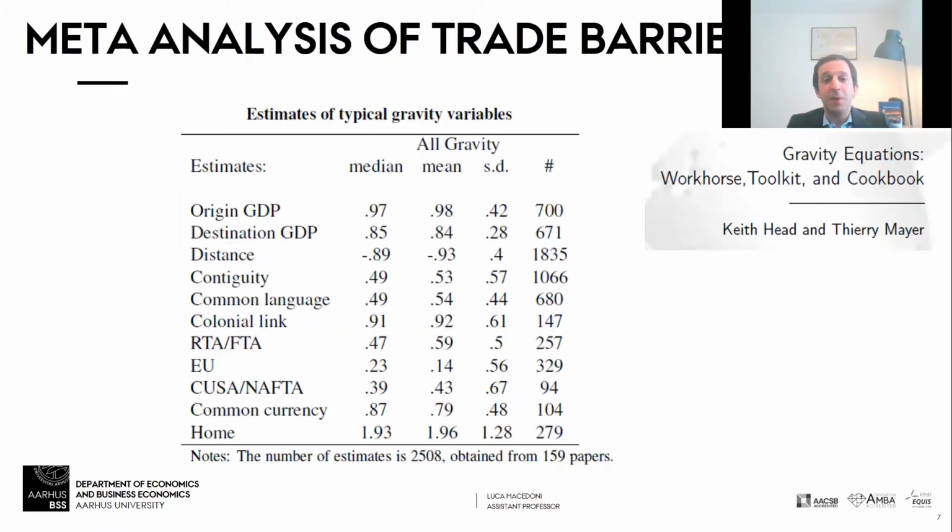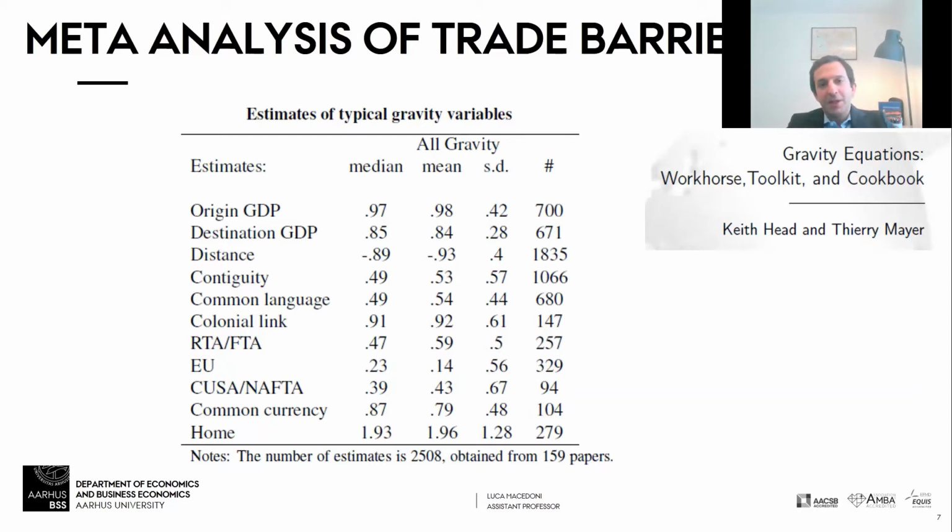Okay. What about the other trade costs? What about all of the trade costs we sort of talked about? What are their effects? So in this figure, what we have is a meta-analysis of the effects of trade barriers by Keith Head, which I mentioned above, and Thierry Mayer, who basically collect 159 papers. They look at their estimation of gravity variables and report here the median, mean, and standard deviation of the coefficients. Of what?